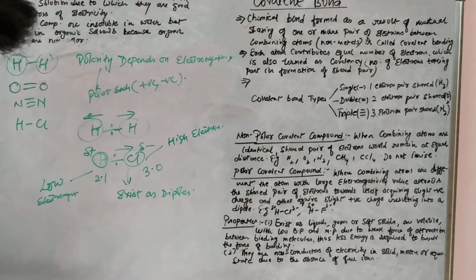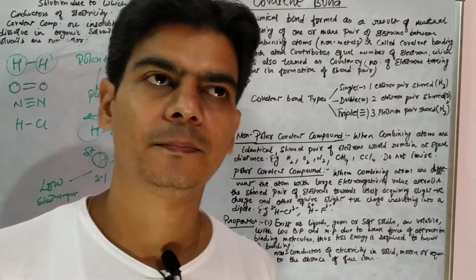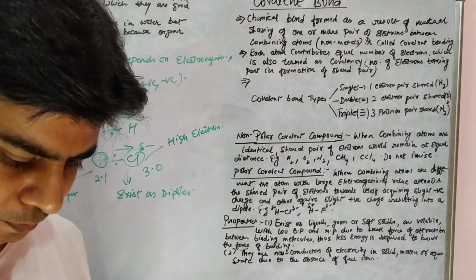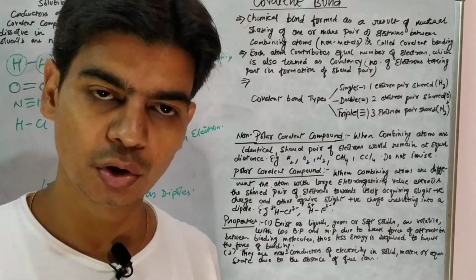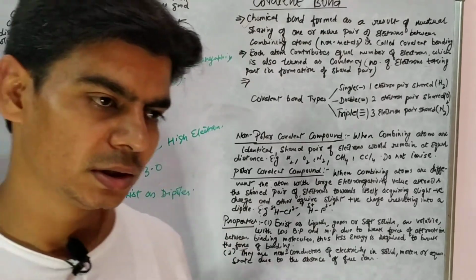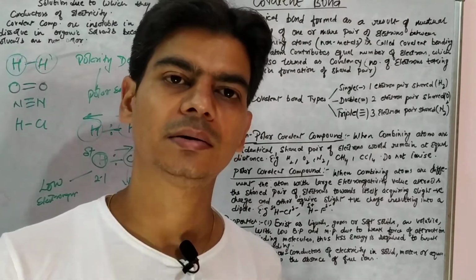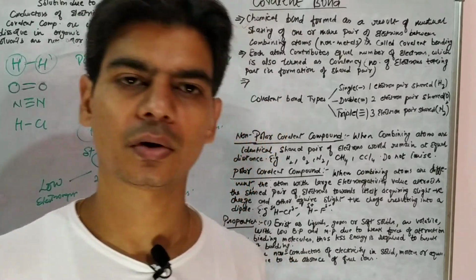Polar covalent compounds are also soluble in water. We'll talk about polar covalent compounds, but first, these covalent compounds are soluble in organic solvents and insoluble in water. Why soluble in organic solvents?